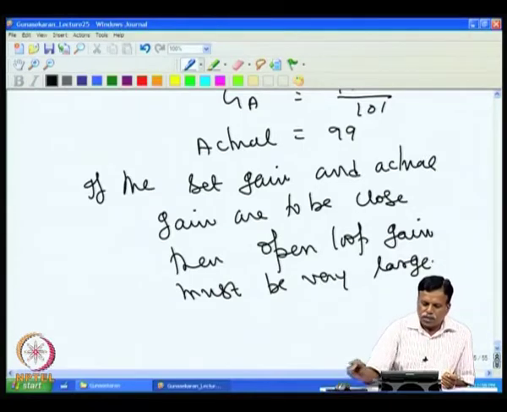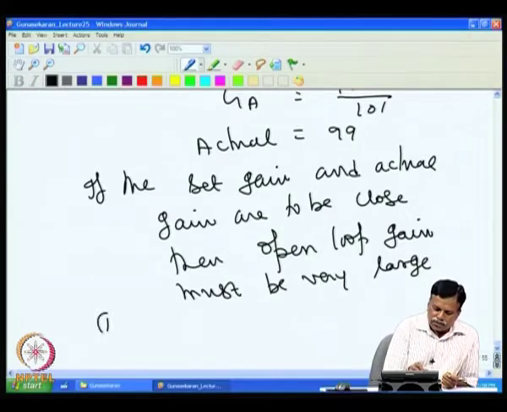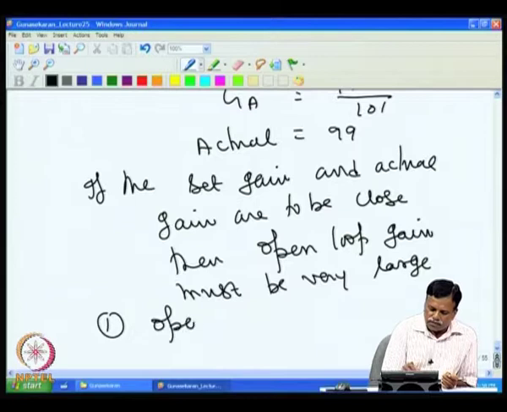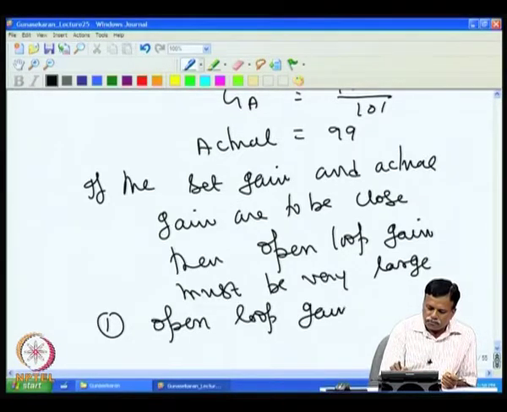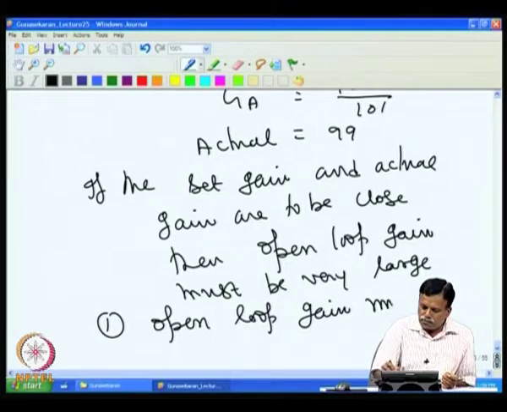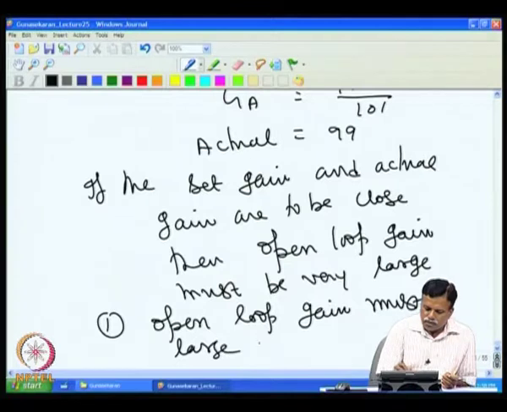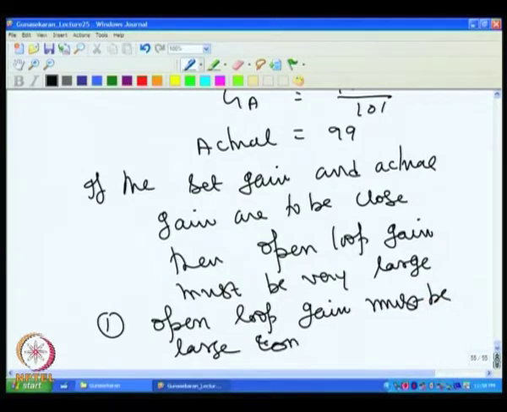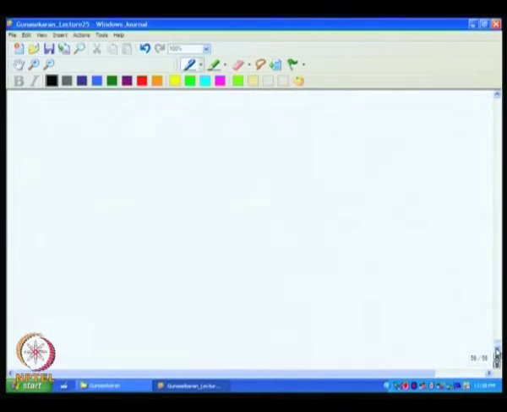So, that is one condition. The first condition is that open loop gain should be very large, must be large compared to set gain. Other way around, we should have only less gain to be set from the op amp.